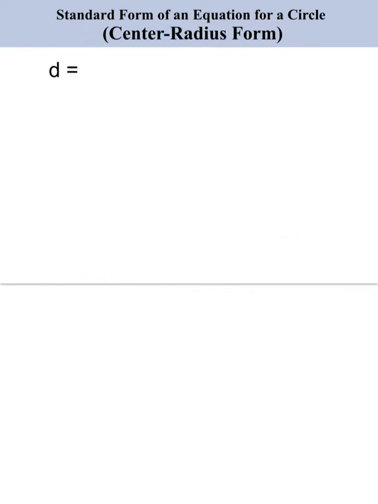So I want to show you at this point in time how we end up going from the distance formula to the center-radius form of a circle. We already know that the distance is equal to the square root of the change of x squared plus the change of y squared.